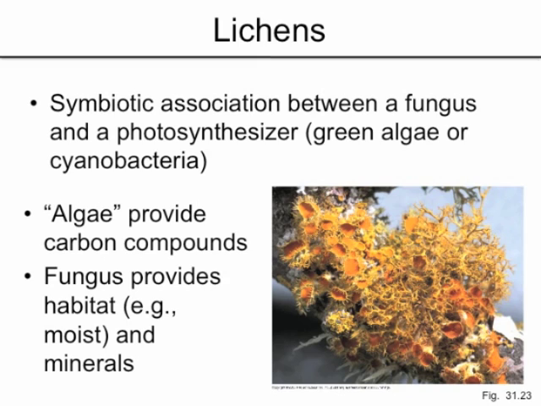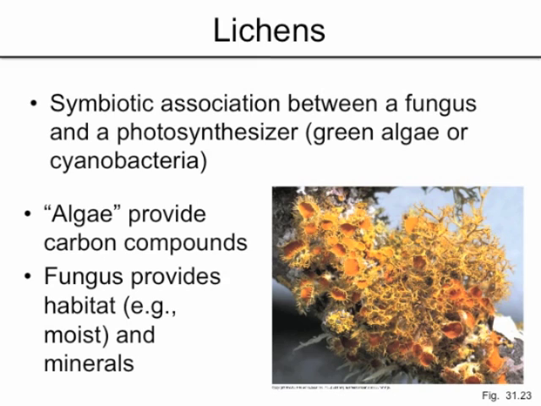So the algae or the cyanobacteria will provide carbon compounds for the fungus. They photosynthesize and they produce sugars, which the fungus will feed off of. The fungus is providing an ideal habitat. So they will provide mineral nutrients. They will also make sure that the alga remains moist.